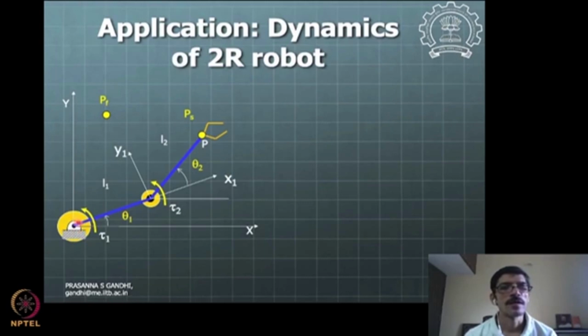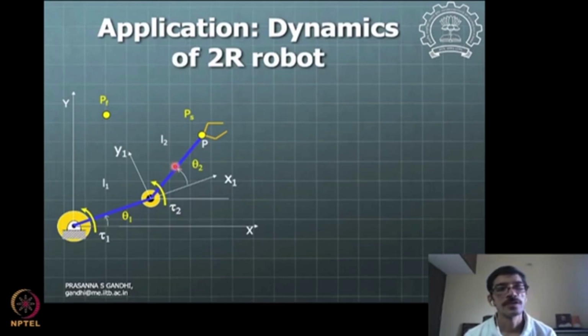You can write the x and y coordinates of this CG point here, given all the geometry parameters, and the same thing you can do for the CG point for the second link. What are the coordinates x and y for the CG point for the second link?